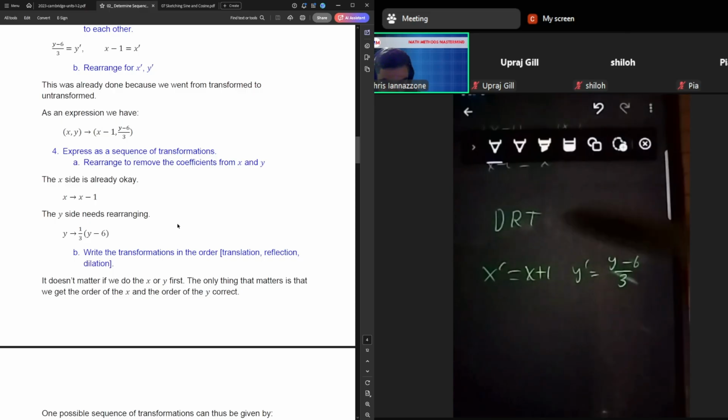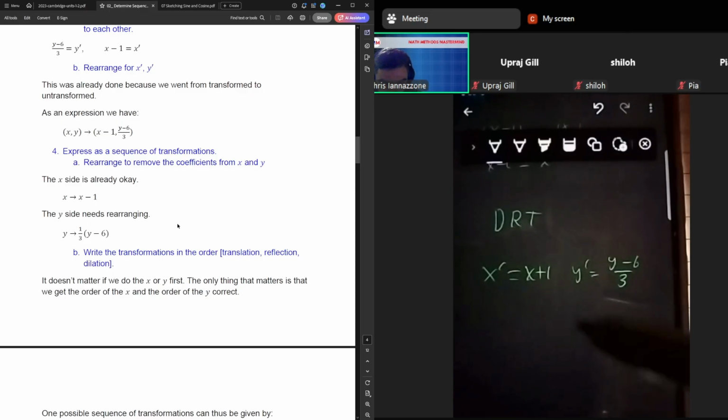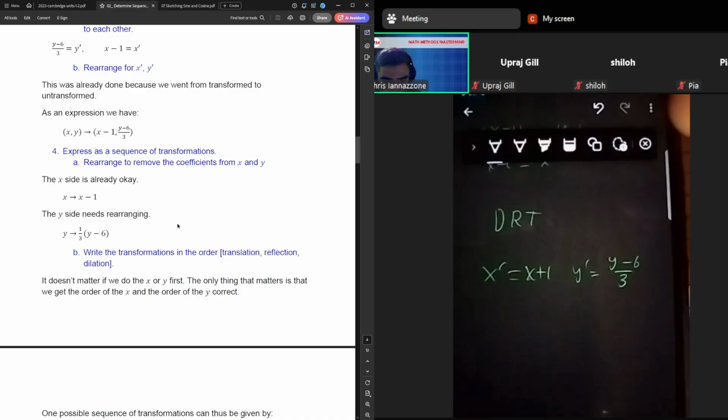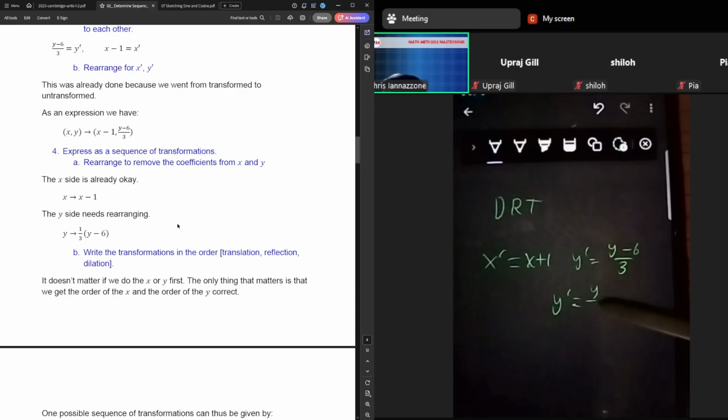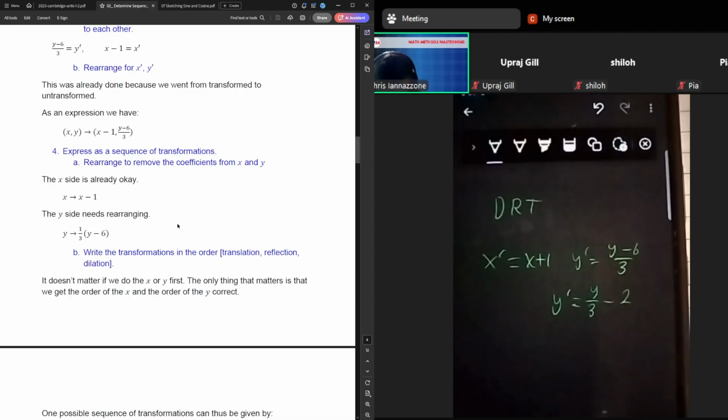If you want to do it this way, then you need to make sure that everything you have is fully expanded as far as your x dash, y dash is concerned. So obviously the x dash, nothing to do there, there's no brackets involved, but this one you need to expand out. And what that means is you're going to have y dash equals y over 3 minus 6 over 3, which is just 2.